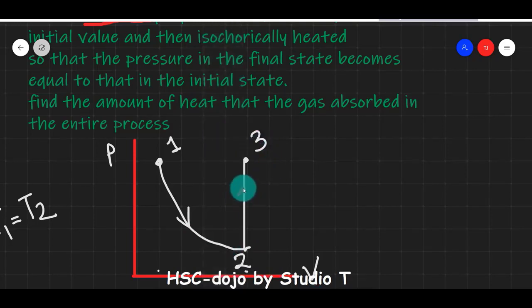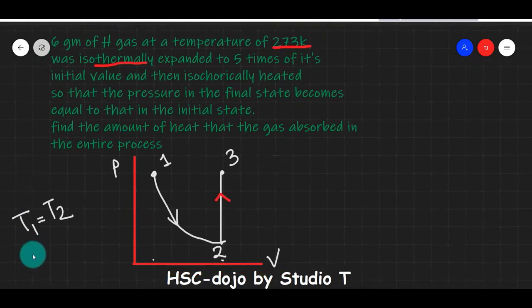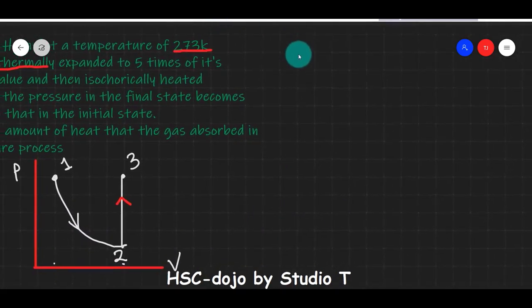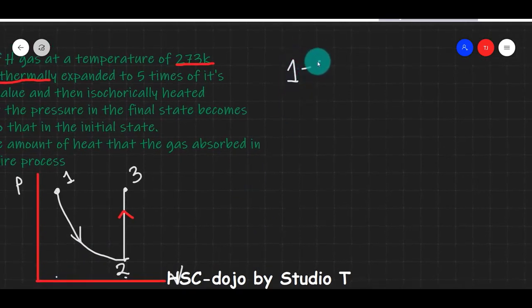From 2 to 3. So here, according to the question, the pressure in state 1, that means in this initial state, is equal to the pressure in the final state. Now in the isothermal process, that means from 1 to 2, temperature is kept constant.